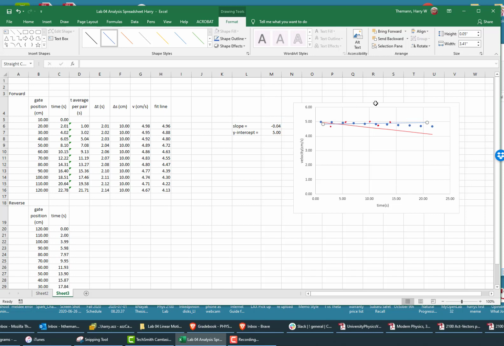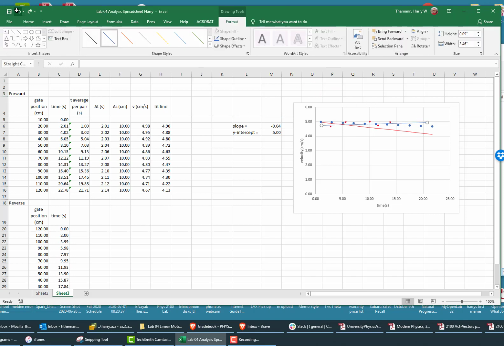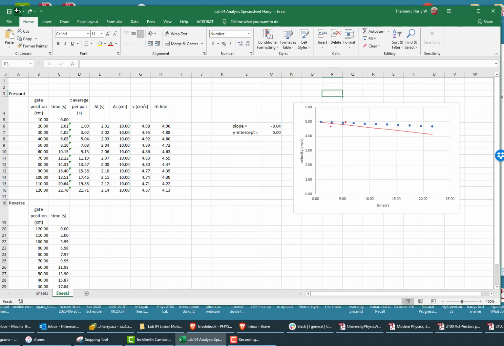And the way you express that is what's called a residual. So residual is equal to the data minus the fit value.